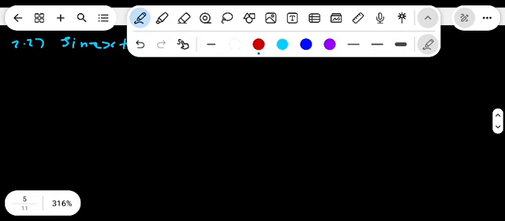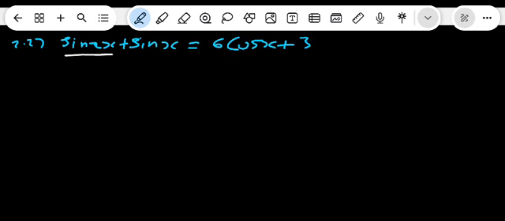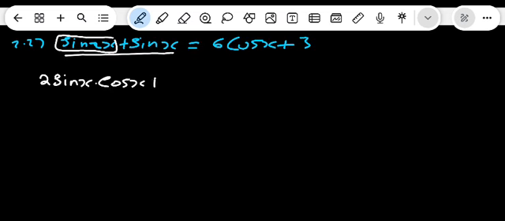How can you go about that? Let me rewrite this. I'll have sine 2x, or let me just change this. This is a double angle, as you can see. This will be 2 sine x multiplied by cos x plus sine x.